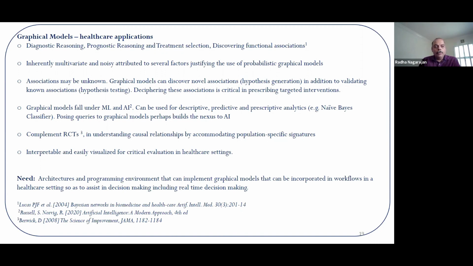And the nexus to causality also brings it as an approach that can complement RCTs, or randomized control trials. Randomized control trials are thought of as a gold standard in treatment recommendations, but then again, they are idealized in that there's a lot of inclusion-exclusion criteria. So they really don't incorporate the population-specific digital signatures, in which case graphical models can come in handy.